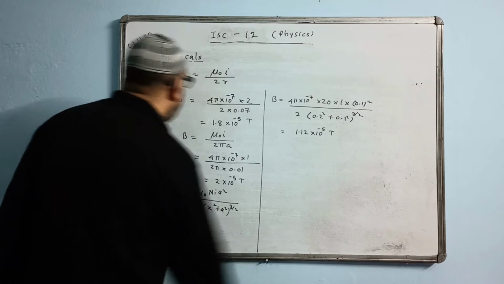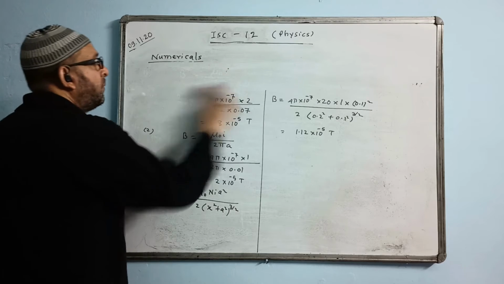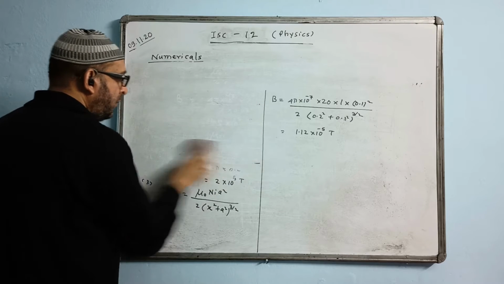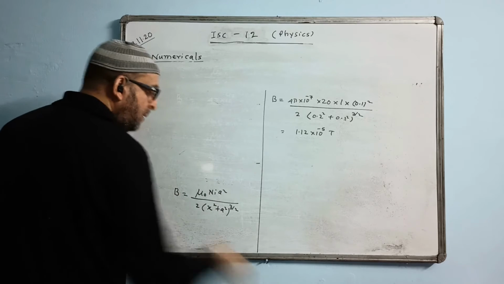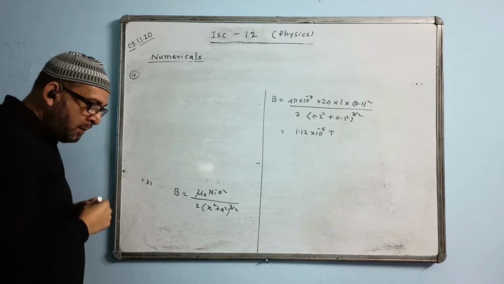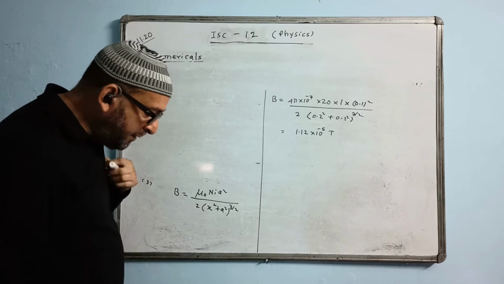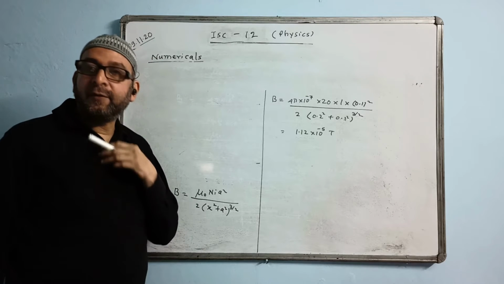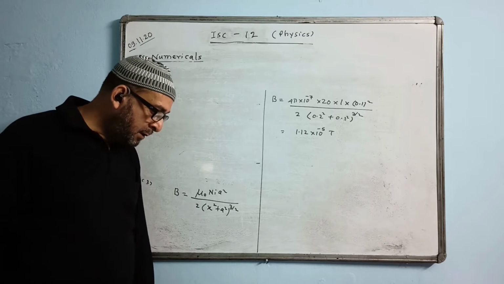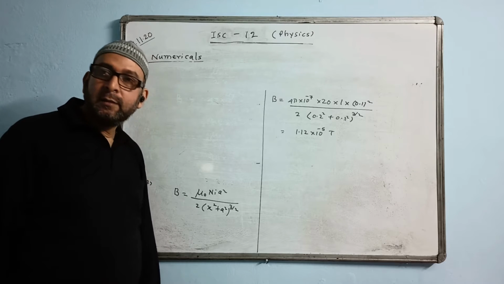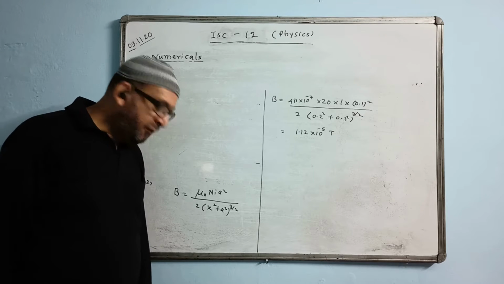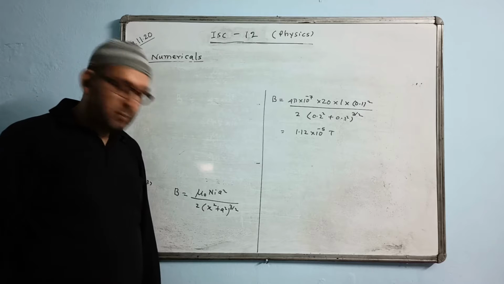Now the next question will be question number 4. Question says, find the magnetic field at the point P, capital P, in the figures shown below.